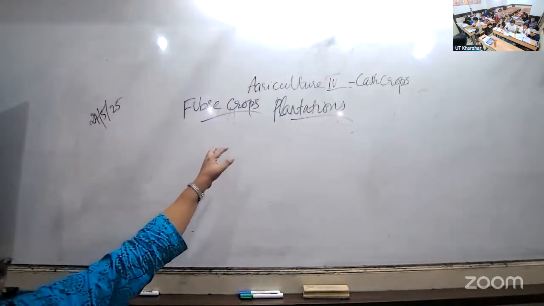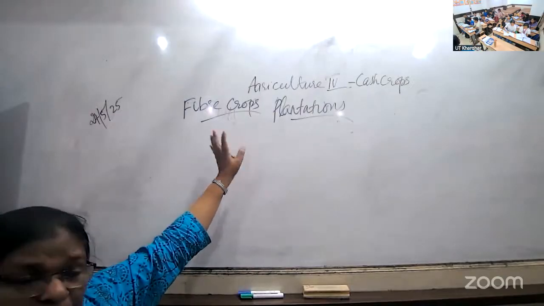Can you give any other example of a plantation? Tea, coffee: large estates where a single crop is planted. That is why it is called a plantation. Most of the crops included in this lesson are grown like that on larger plantations.